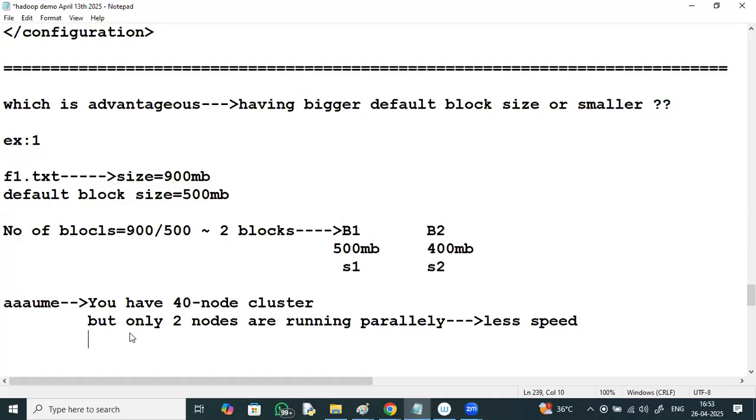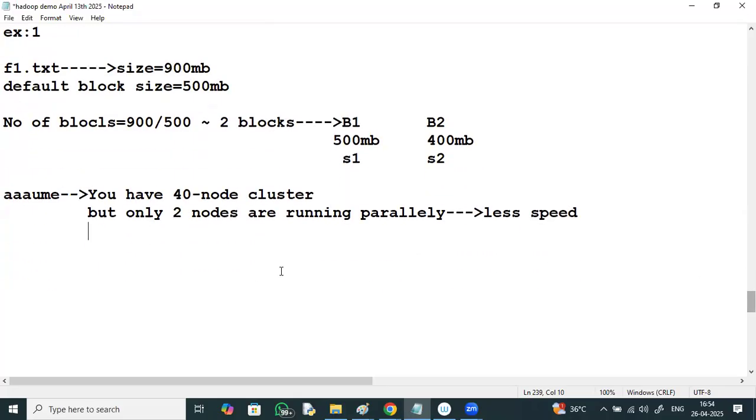If you give it to 20 systems, you should achieve more speed, like 20 laborers versus 2 laborers. Even though many cluster nodes are available, data is distributed across only 2 systems and processed only by 2 systems, so less speed.